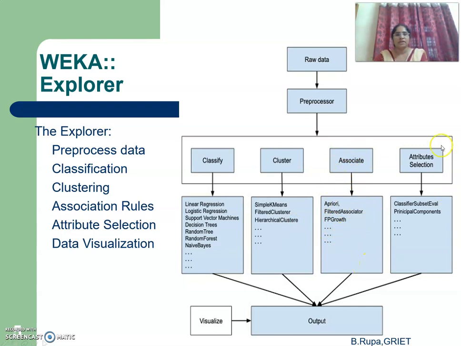In attribute selection, we have different tools to select the correct attributes. After selection of the attributes, you can go for training of the data. Finally, whatever output we are getting is represented as a visualization, such as tables, charts, graphs. This is about the Weka Explorer.